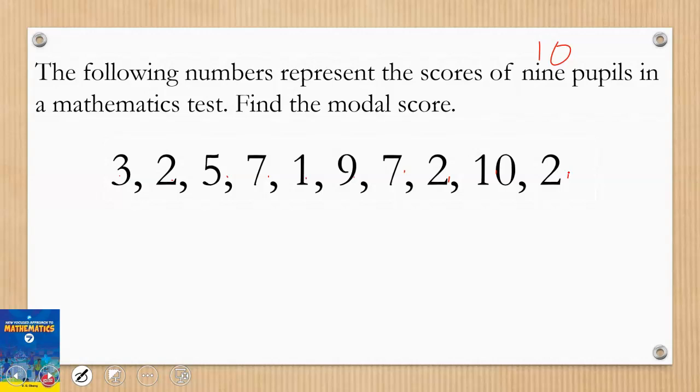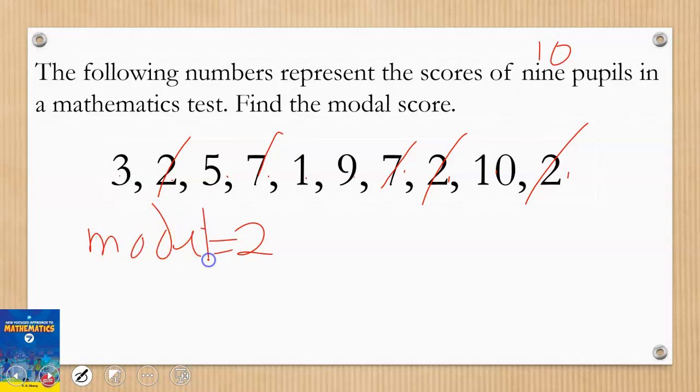Now, 3 appears only once, 2 appears 1, 2, 3 times. And then apart from 2 appearing 3 times, 7 appears only twice, 9 appears once, 5 appears once, 1 appears once. So here we can say that 2 is the most occurring. And so our modal score is equal to 2. That is it.